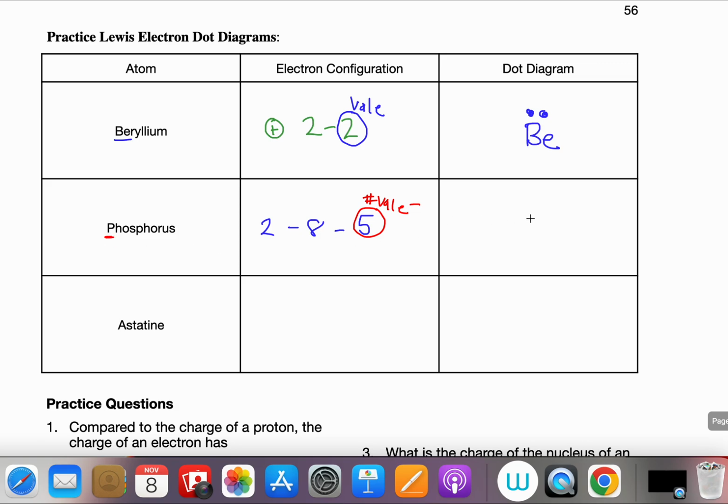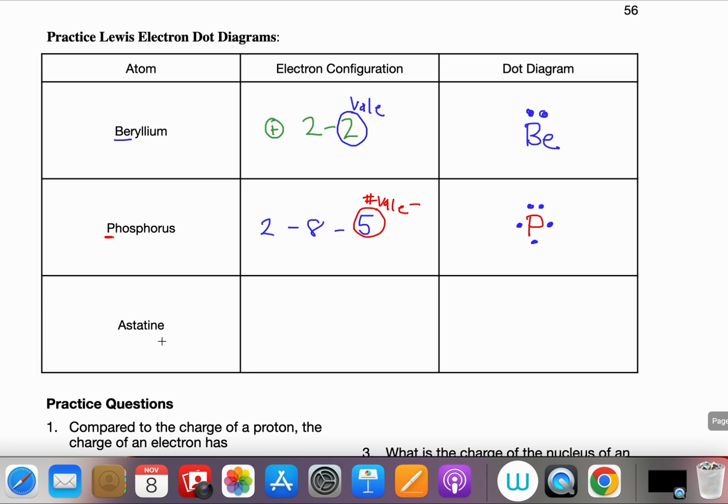Phosphorus's element symbol is P, and now we place the 5 dots around it: electron 1, electron 2, electron 3, electron 4, electron 5. So it looks like this pattern for the dot diagram.